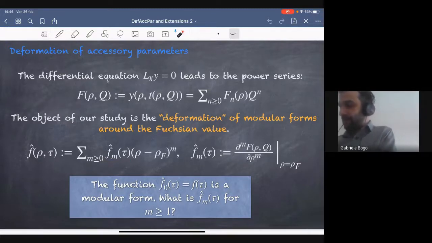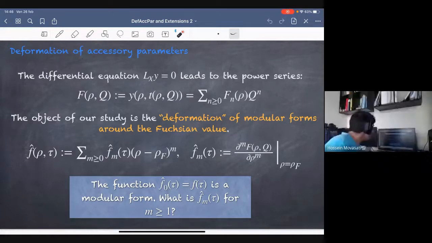And we know from what I said before that the case m equal to 0, the constant coefficient, is the modular form of weight 1 we constructed before. And the question is, which function do we get for higher values of m? This is what I will speak about today. Are there questions so far?